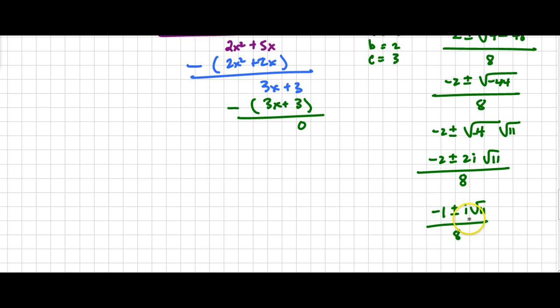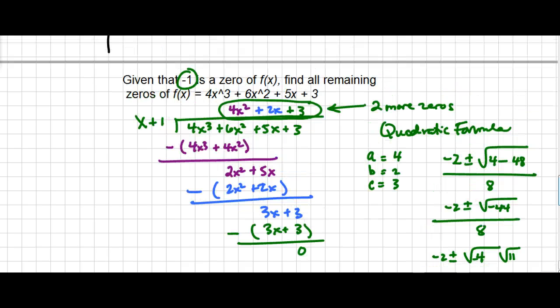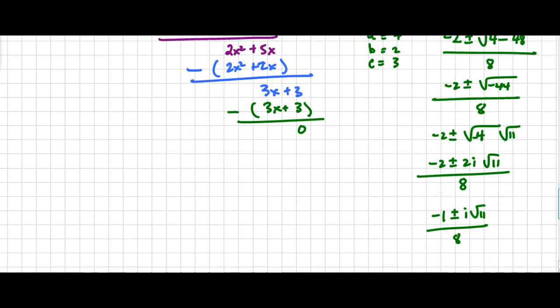So those are my zeros, and it did ask me for the zeros. If it had asked me for factors, I would have needed to say x plus 1 plus i square root of 11 over 8 and x plus 1 minus i square root of 11 over 8.